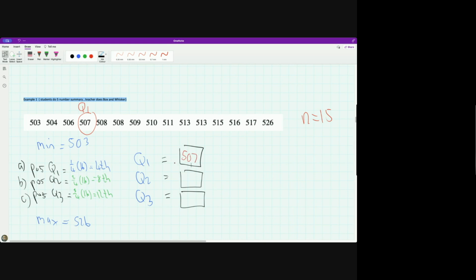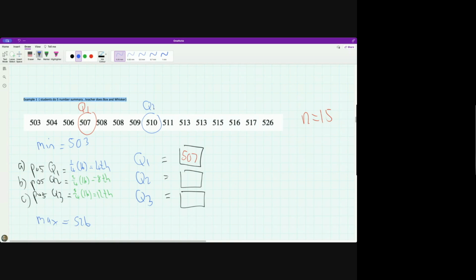What about Q2 and Q3? What's that going to be? So the 8th position, 4, 5, 6, 7, 8.